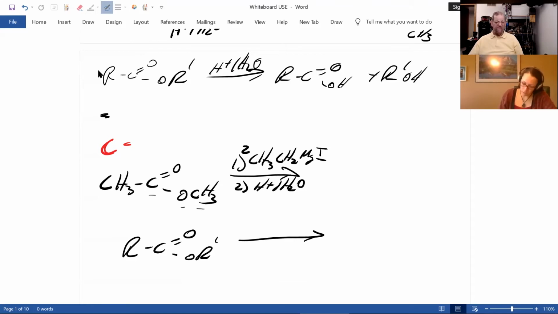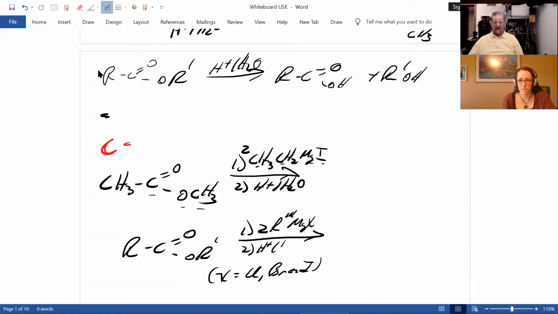And now, what happens when you react it with, what's this? Carbon, carbon, magnesium halide. Ooh, 2 Grignard. Remember, X can be chlorine, bromine, or iodine. Second step, acid and water.